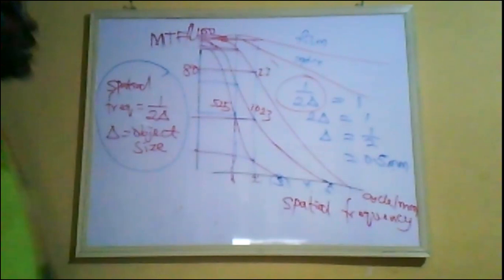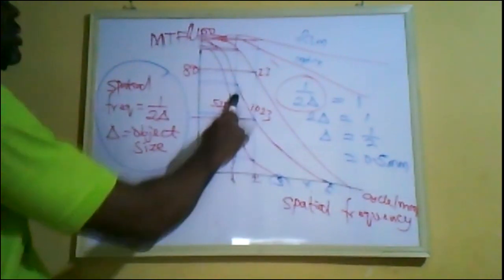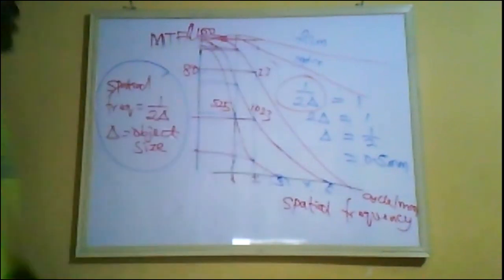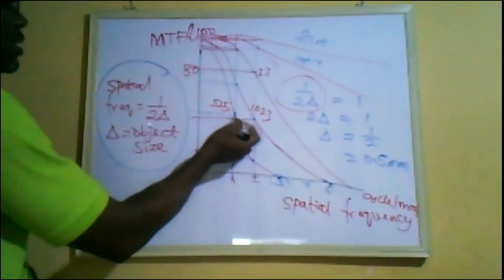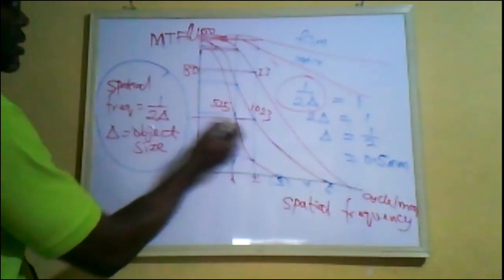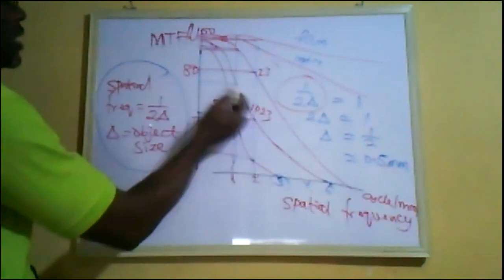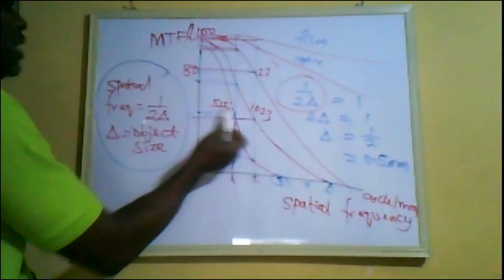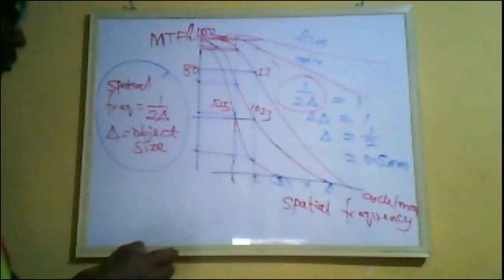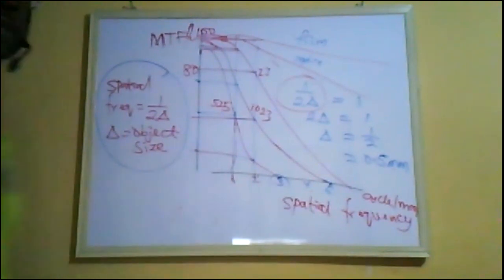Then I want to compare it with all these other curves. For this one, the value is here, and if we go here, it has a higher value. So it means 1023 has a better discrimination of an object that is 0.5 millimeter.